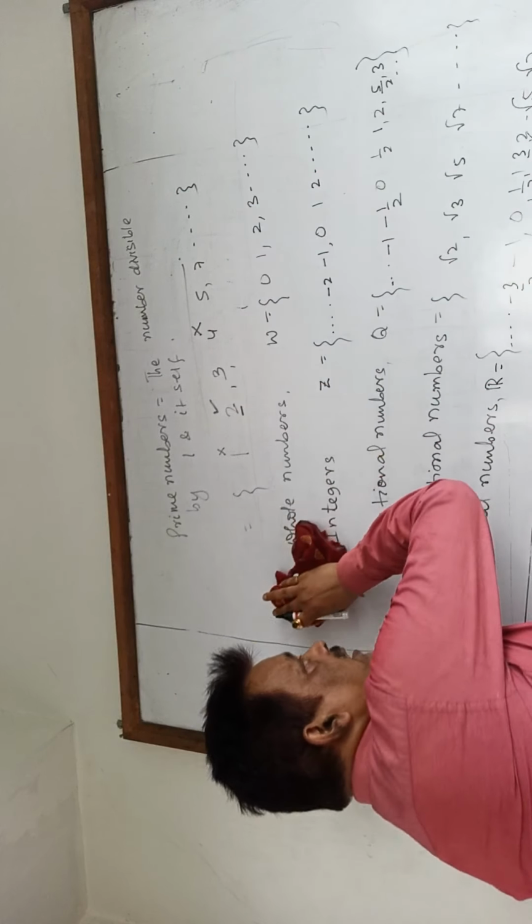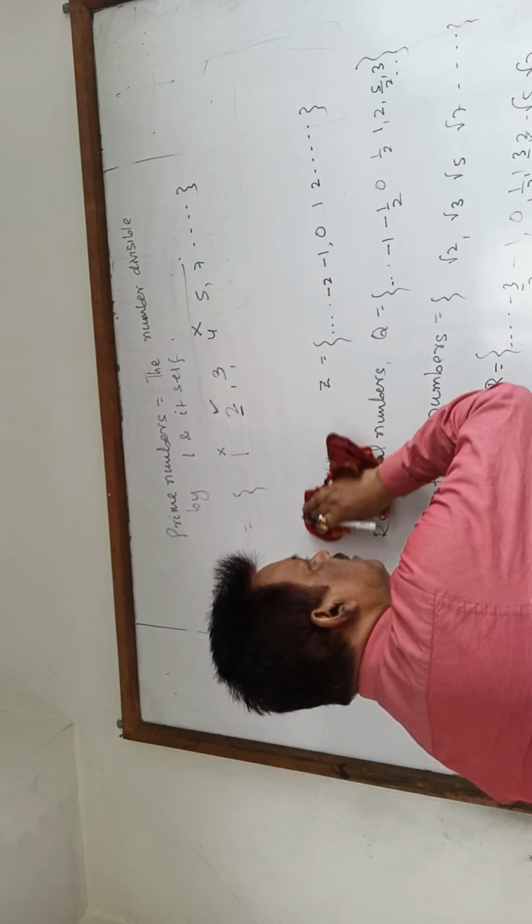The numbers which are not prime will be called composite numbers.